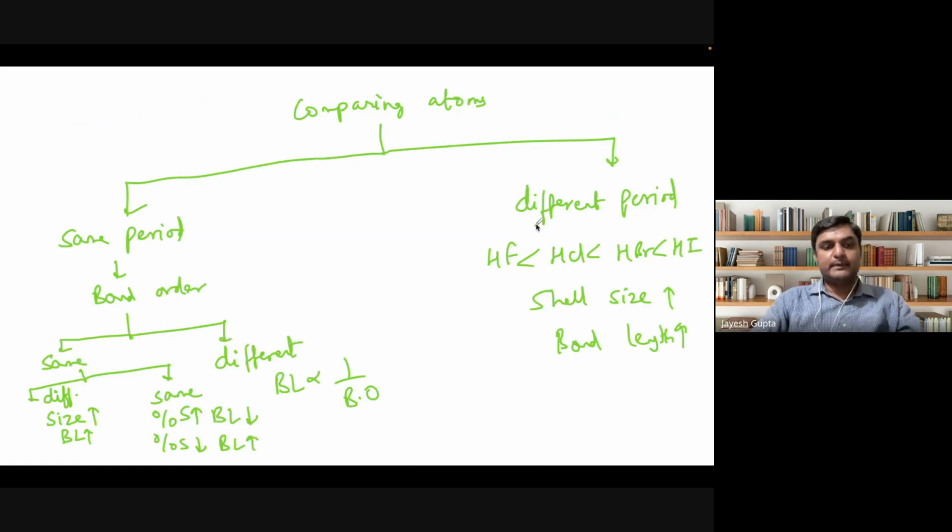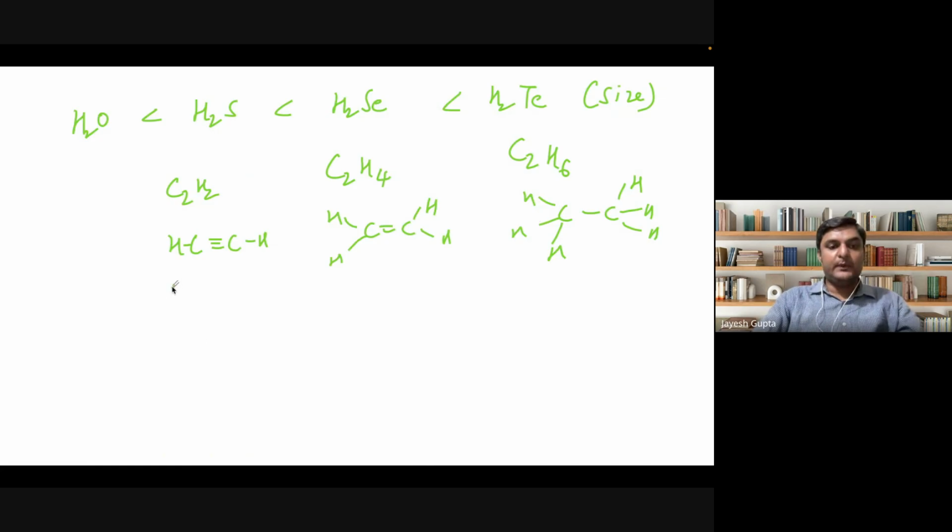So it is also very simple. Bond order here is coming different. So quickly you can write here bond order 3, bond order 2, bond order 1. So I told bond length is inversely proportional to bond order, or you can see like triple bond will be shorter than single bond and double bond. So the order came like this one. It was also very easy.